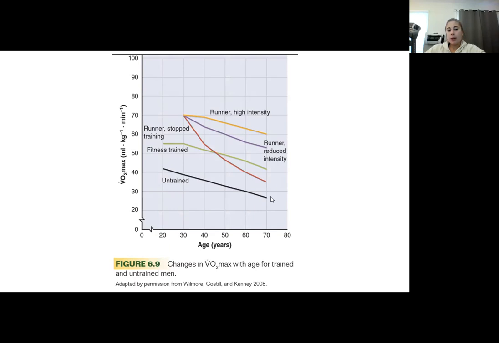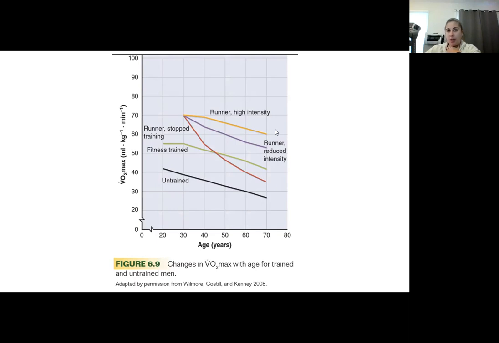Now, if we compare to runners, so we have three different aspects here looking at runners. So let's look at the high intensity runner in yellow at the top. So what we see is, again, this is at age 30, a VO2 starting around 70, which is really good. That's a good VO2.